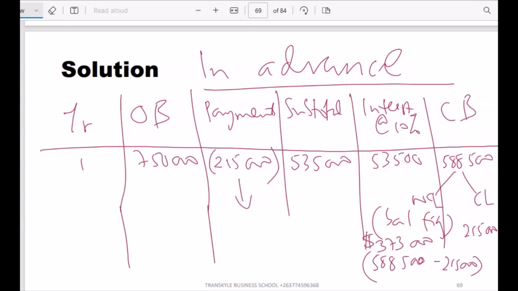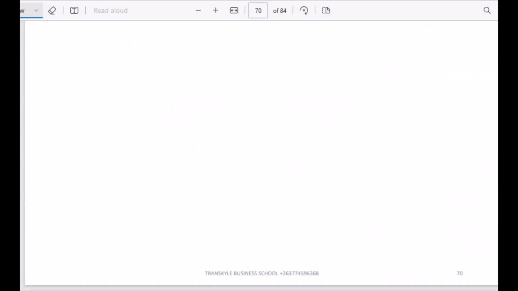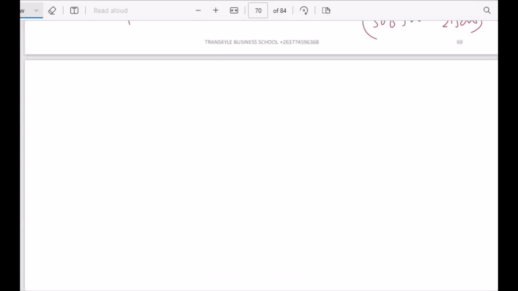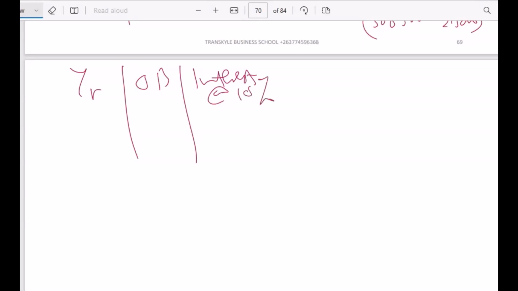Now, if this lease was having its payments made in arrears, then the table was going to look like this. We have the year, the opening balance, then the interest immediately after the opening balance. In this case, the interest is at 10%.